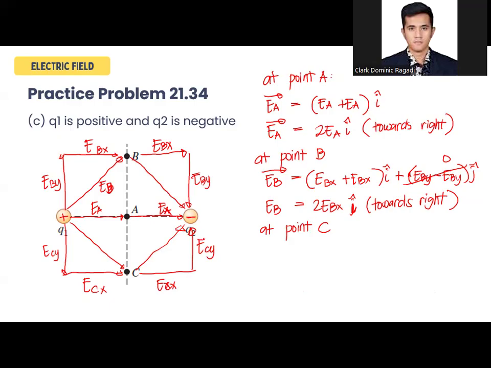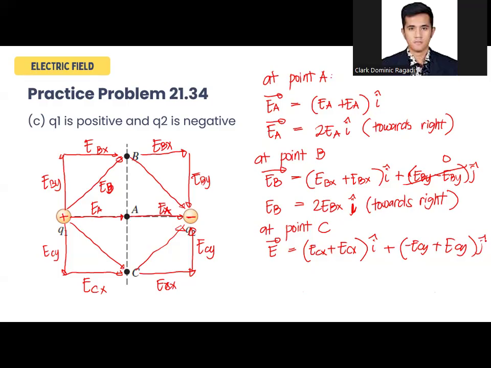Now we can solve for the vector EC. The sum of x and y components: for the x, again, they are both going to the right, so you have ECX plus ECX I hat, plus our y component. One is going up and one is going down, so we have negative ECY plus ECY J hat.